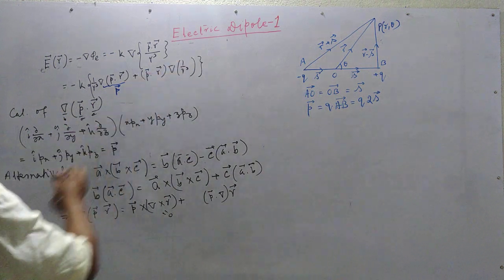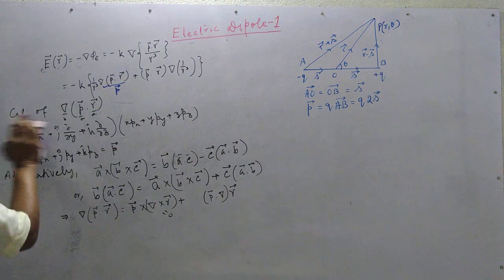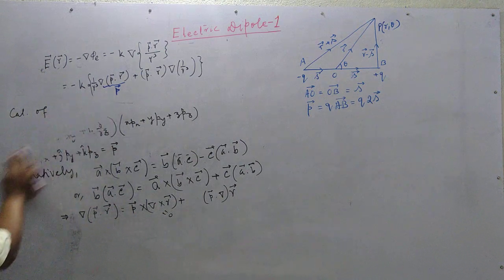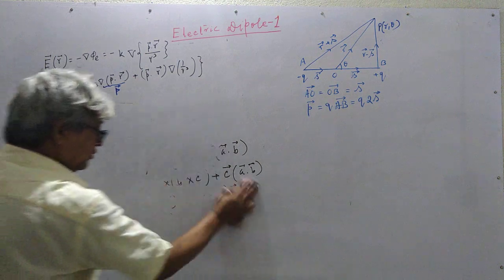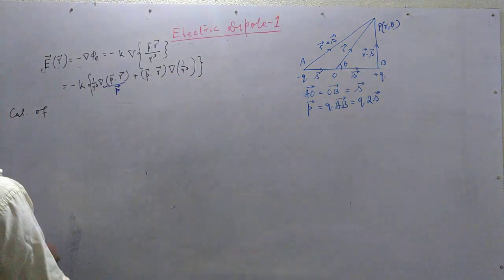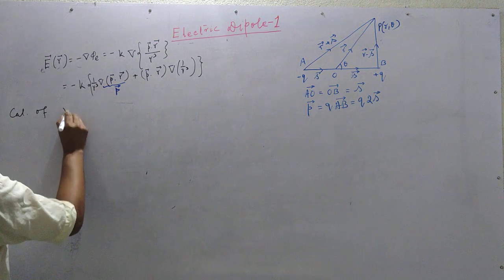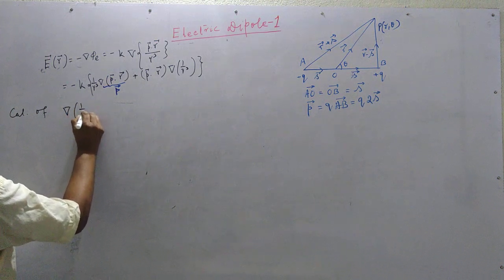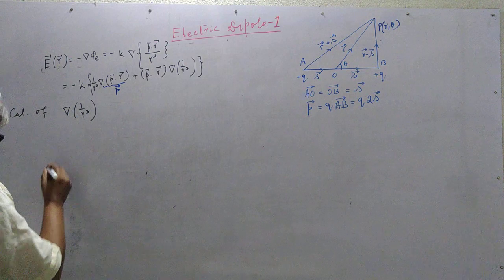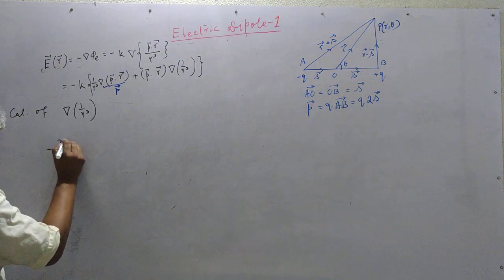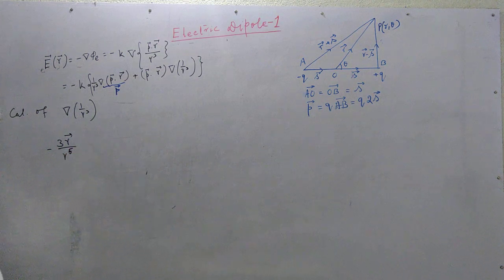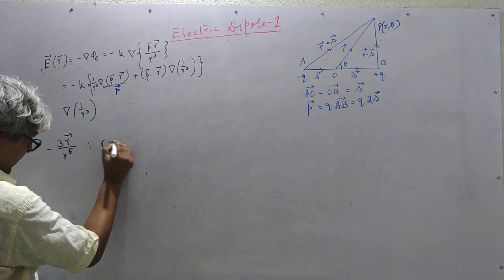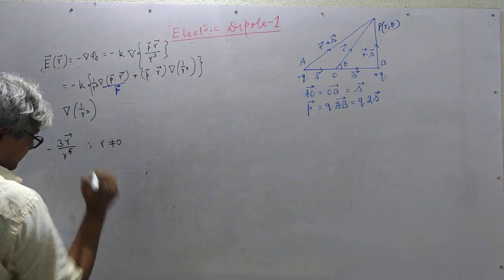Now come to this term. Now you know that this term, calculation of gradient of 1 by r cube. In general, we know that this is equal to minus 3r upon r to the power of 5. But this relation is valid so long as r is not equal to 0.